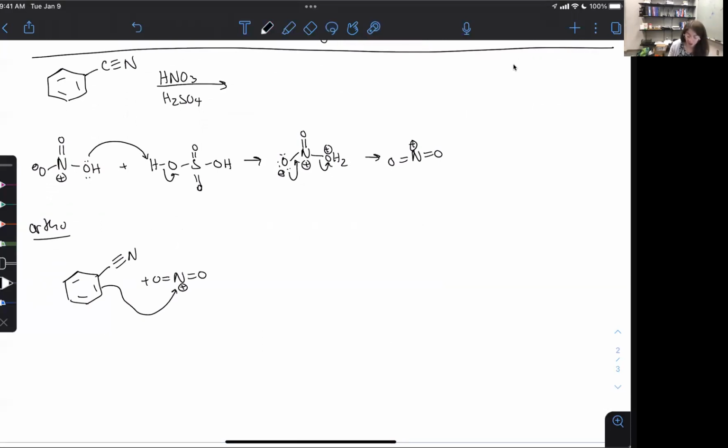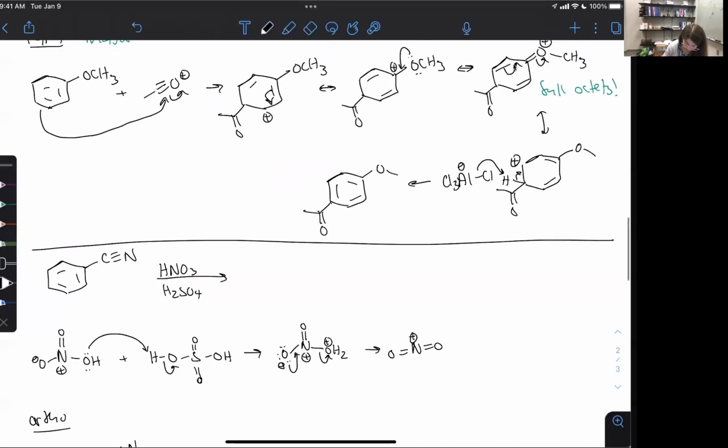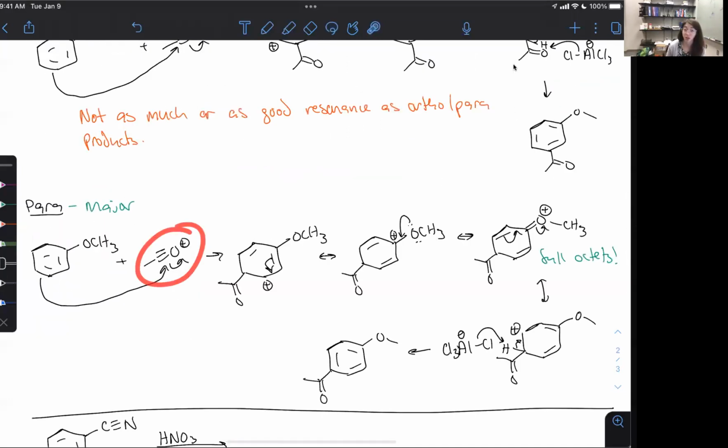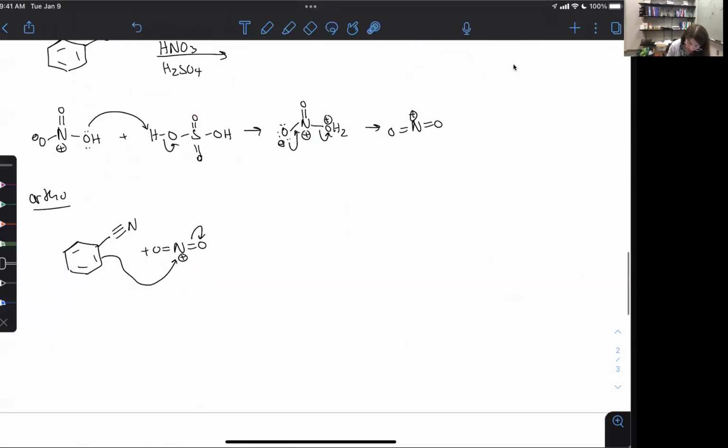We're going to go right for that nitrogen and kick electrons up. So it's just like when we did the Friedel-Crafts one up above, where we attacked the carbon and then moved electrons up onto the oxygen. Very similar process here. Just think about that like the carbonyl bit. Same deal here. We're not going to be putting anything on the same carbon as the substituent is on.